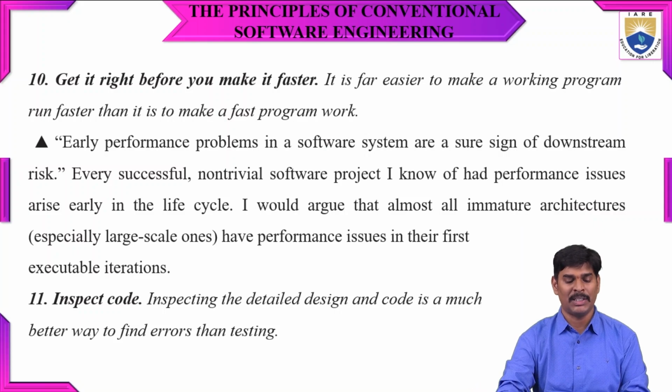Next one is inspect code. Code must be inspected. It means inspecting the detailed design and code is a much better way to find errors than testing. Mainly these experts, senior members, will inspect the architecture part as well as the software in a detailed way to identify the errors.